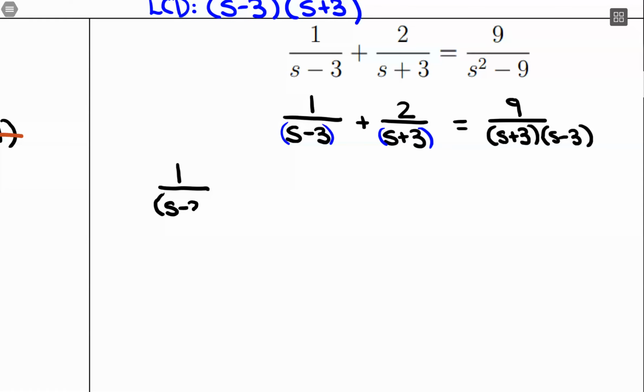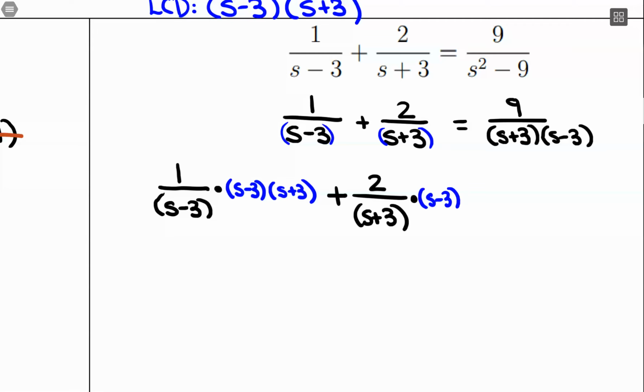We have 1 over s minus 3, multiplied by s minus 3 times s plus 3. And then plus 2 over s plus 3, multiplied by s minus 3 times s plus 3.